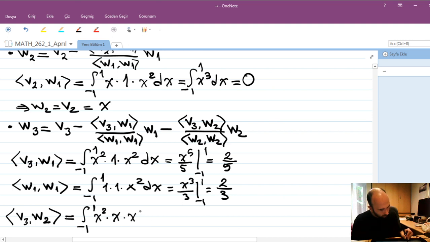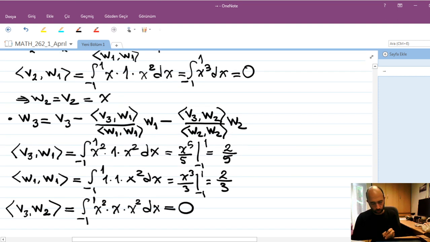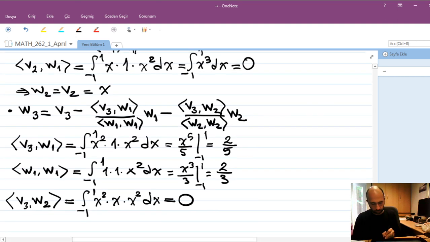And the weight function, okay, let's count. So x to the 2, 3, 5. x to the power 5 is an odd function, so its integral on the symmetric interval will give you 0. That's good. So this term is not here. Okay, so we conclude by looking at this.